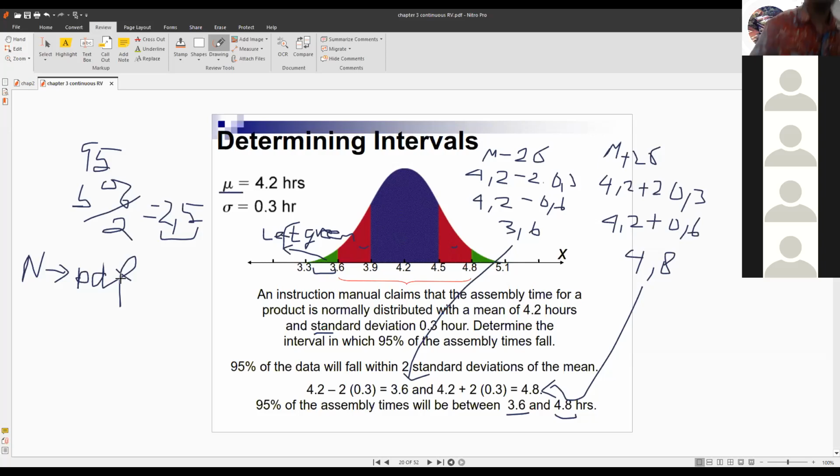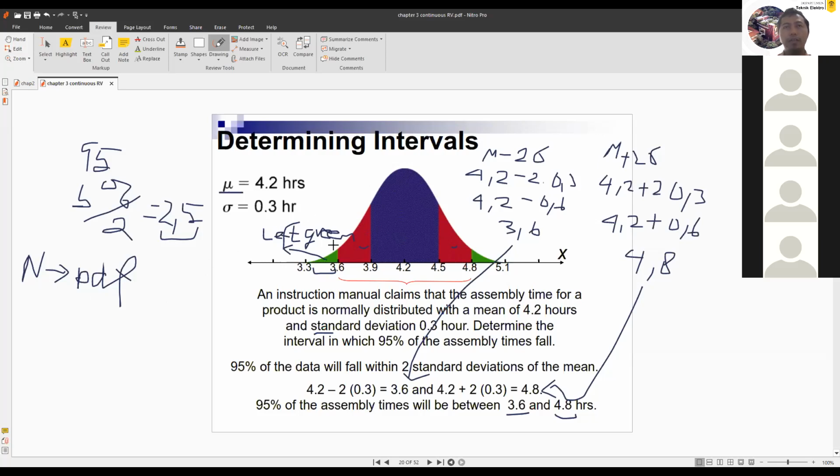Graphically we can see it being like this.